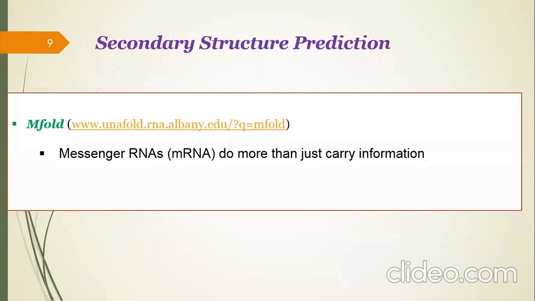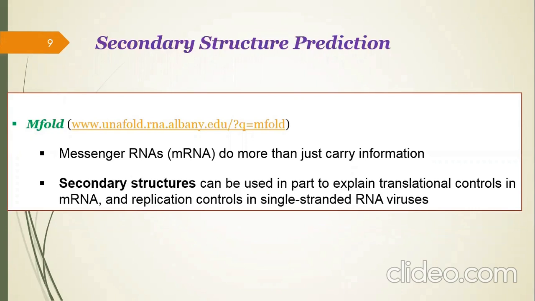Mfold concerns messenger RNA. Messenger RNAs do more than just carry information; they are more diverse in function. They encode, and they have secondary structures, which can be used in part to explain the translation controls and the replication controls in the messenger RNA.